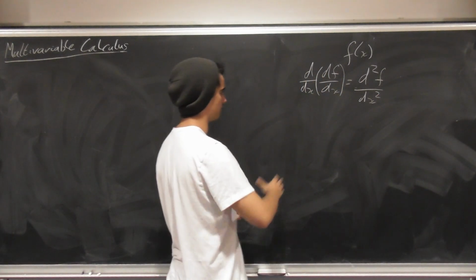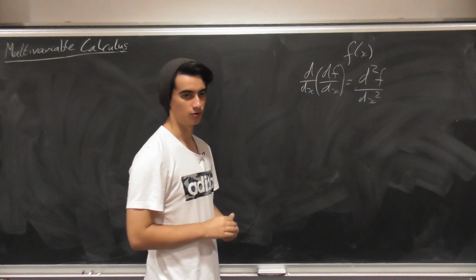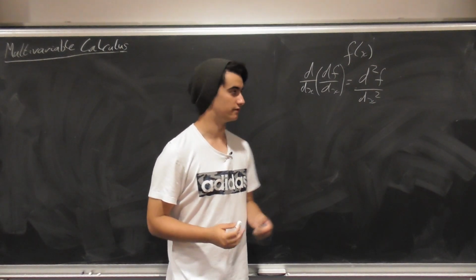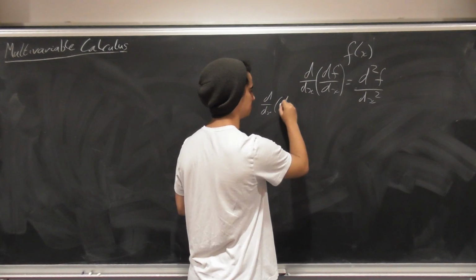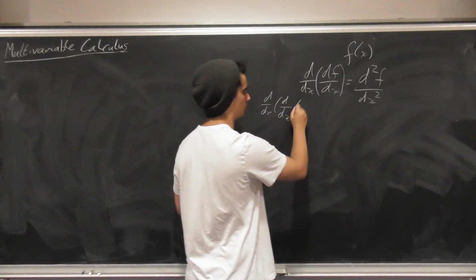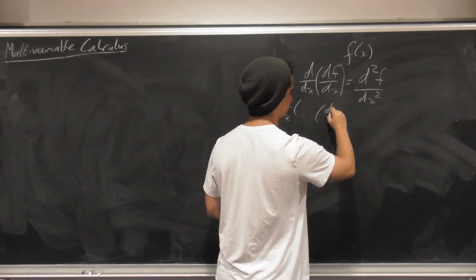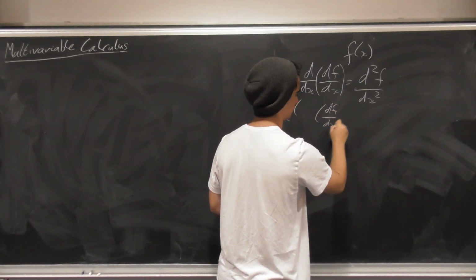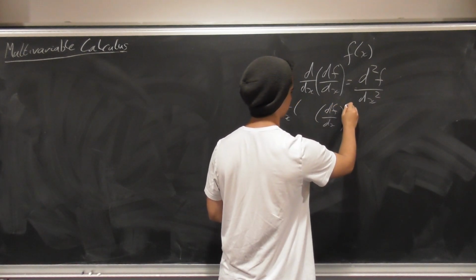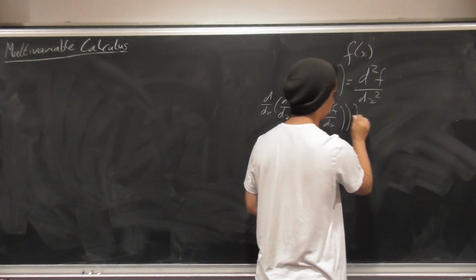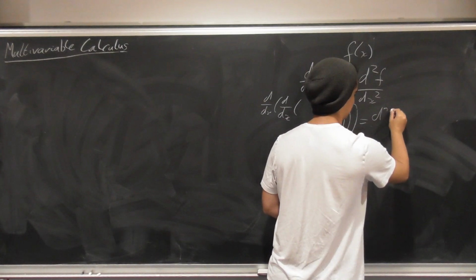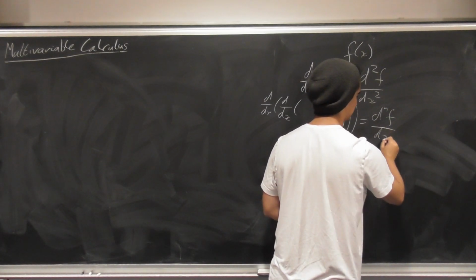We can take any number of derivatives in this way. If we take d/dx n times, we can write this as d^n f over dx^n.